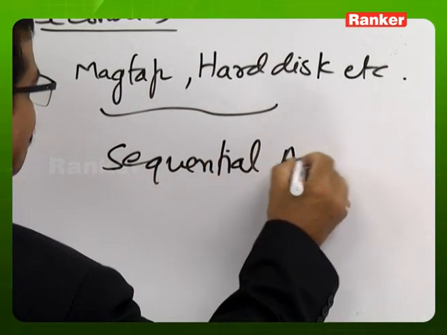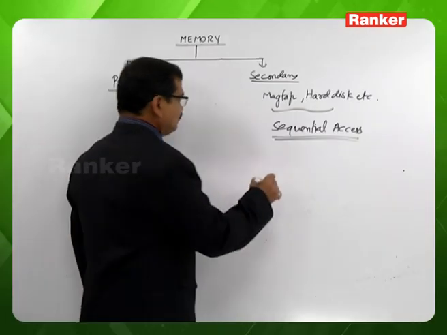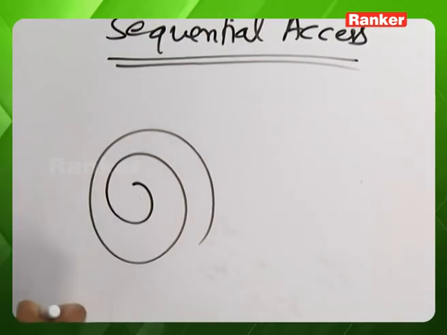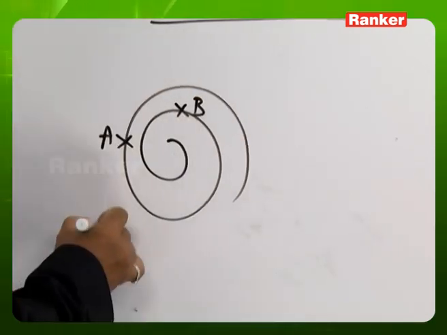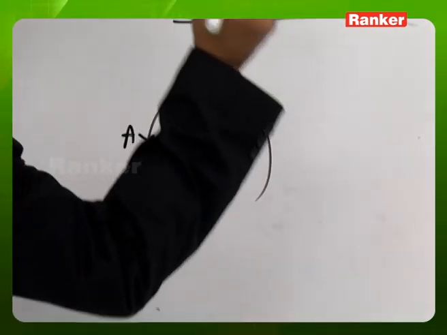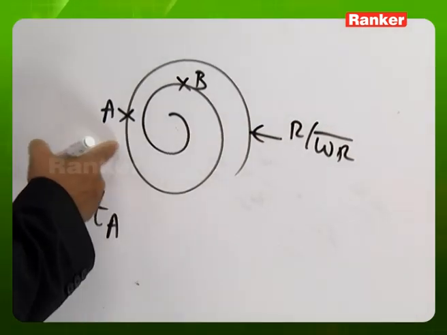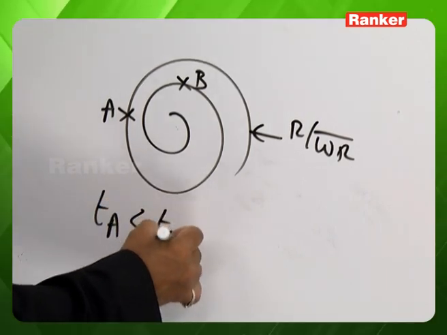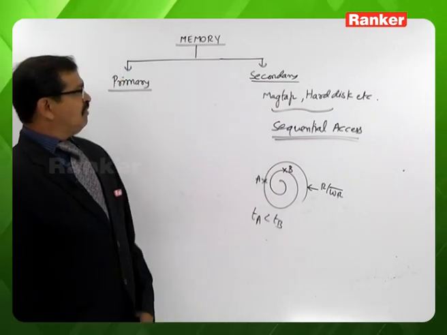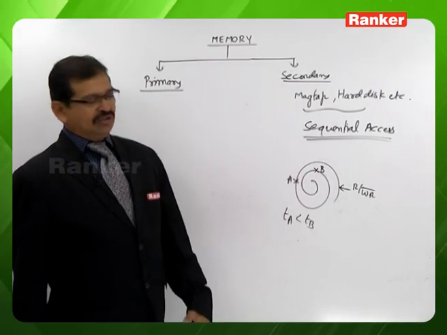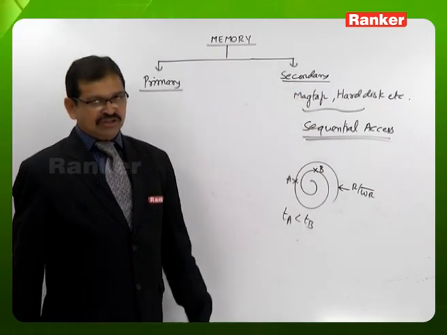Taking the magnetic tape as a better example, suppose we have one word at location A and another word at location B. If the read-write head is somewhere here, then the access time to location A will be less compared to the access time to location B. So access time is not uniform in sequential access memories. The magnetic tape and hard disk are examples of sequential access memories.